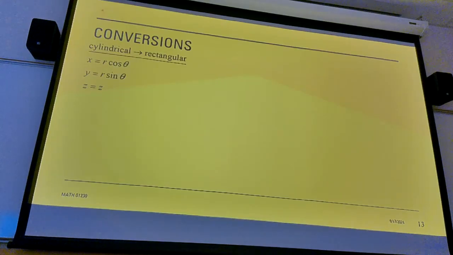Go the other way. Rectangular to polar. What were the relations? Be careful.